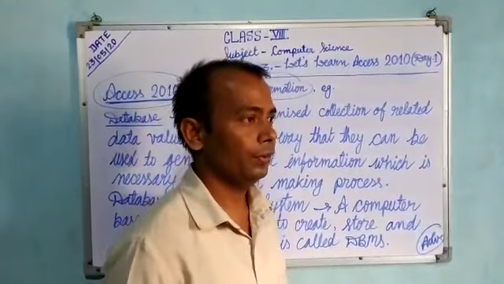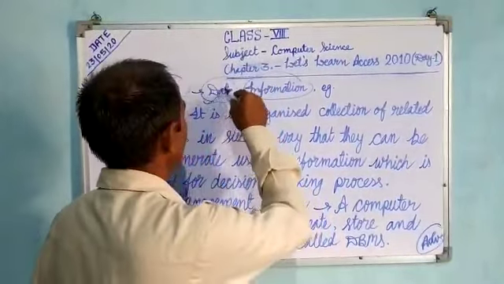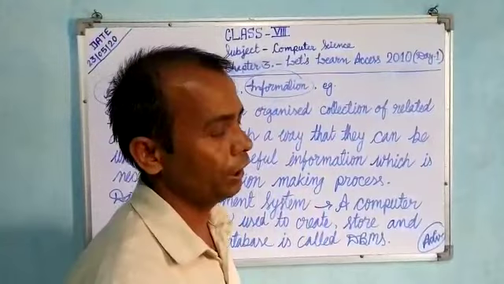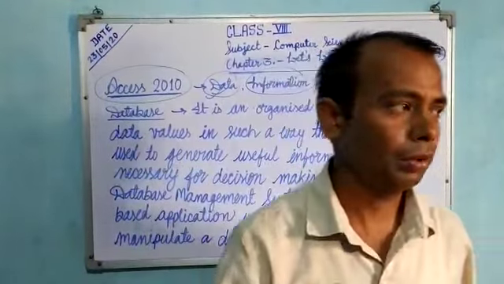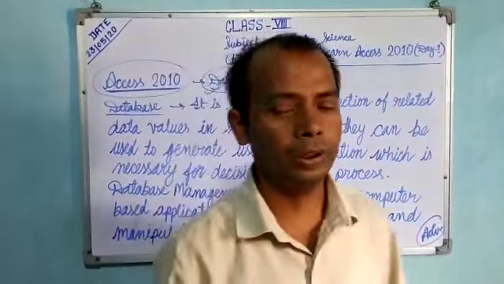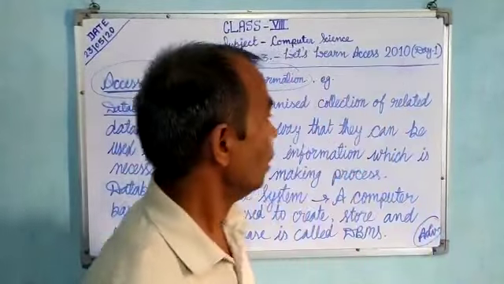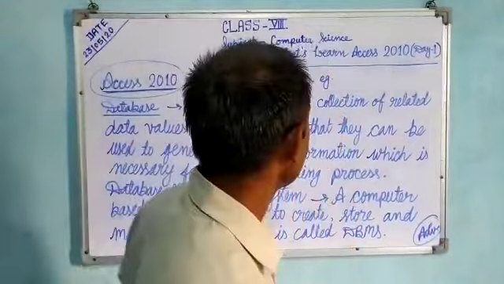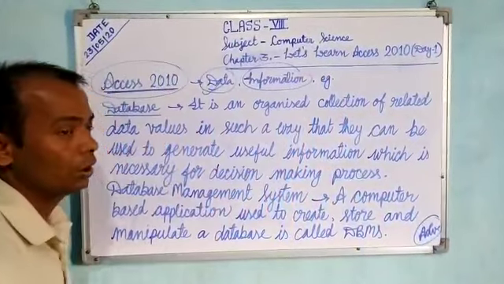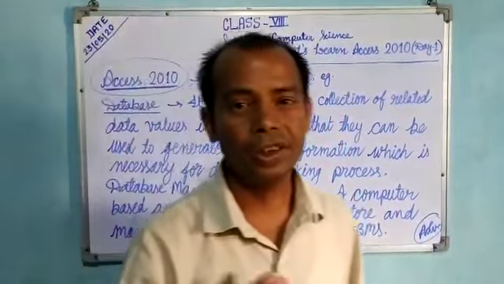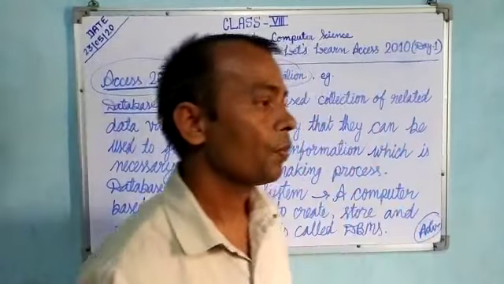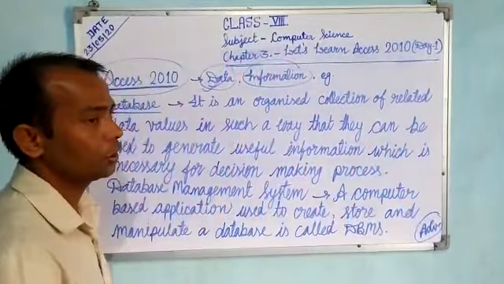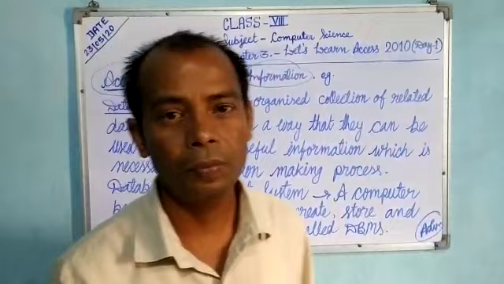So let's see. We have to talk about the data. We have so much data available. In our house we have the children's marksheet records, so many contacts in our mobile phones, and we purchase so many items from the markets.